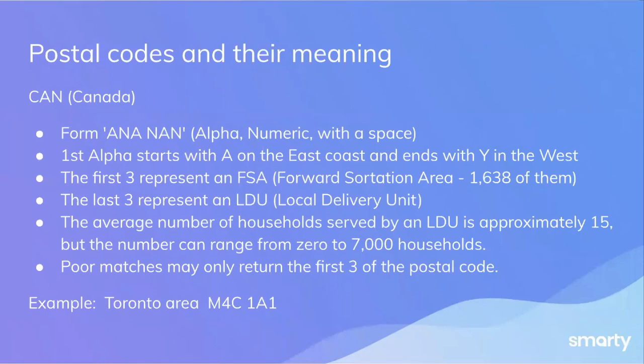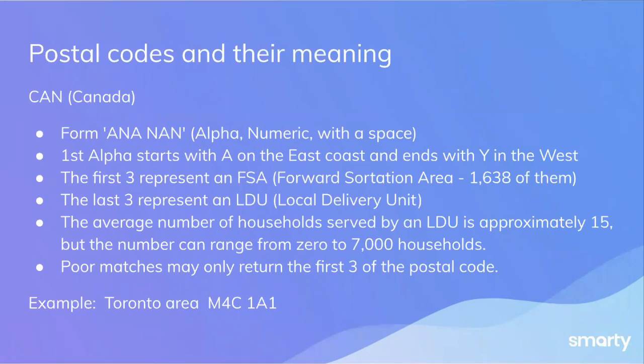The next 3 characters are the LDU, or the local delivery unit. And that can vary. It can go anywhere from 0 to 7,000 households in an LDU, depending upon the population base in that particular area.